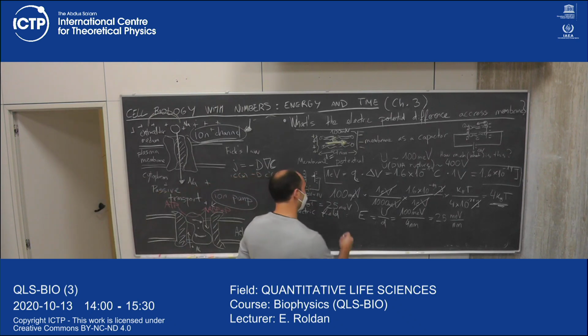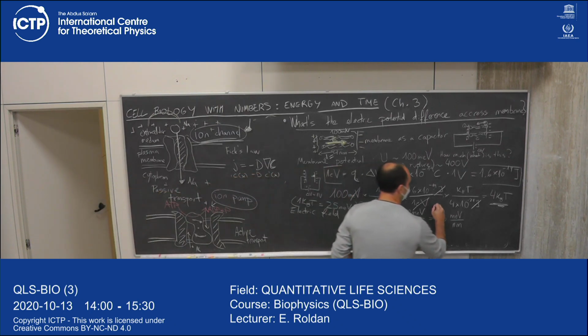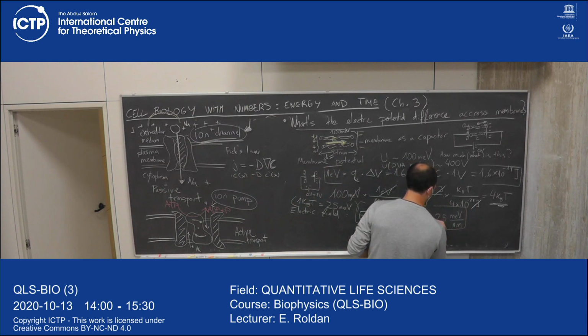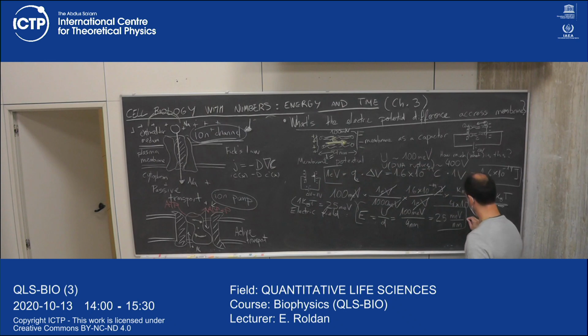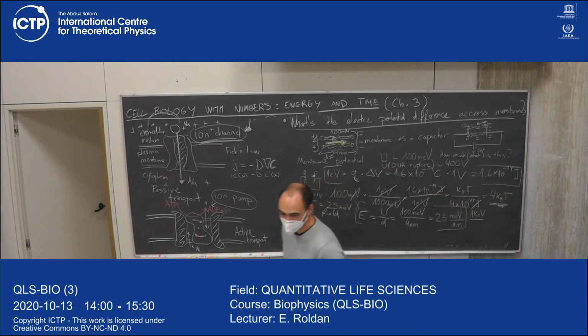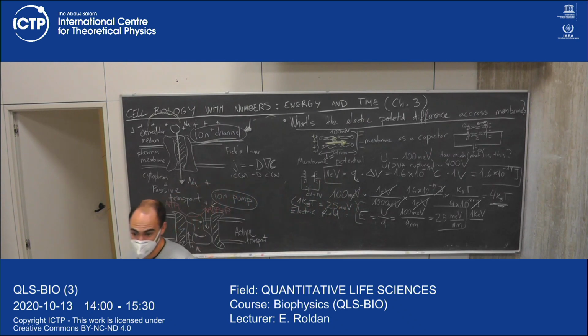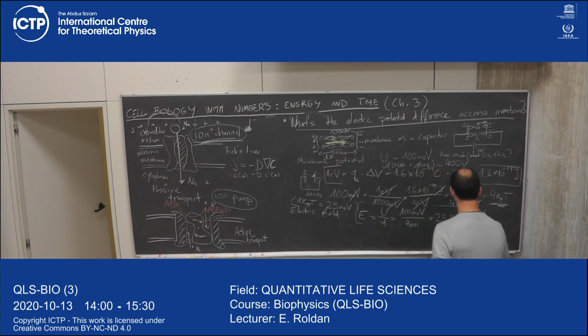And for curiosity, I will change this into other units. Okay, this will be the answer, but I will compare this with something bigger. So I will first change millielectron volts to kiloelectron volts. So 1 kiloelectron volt is how many millielectron volts? Kilo is 10 to the 3, milli is 10 to the minus 3. This is 10 to the 6 millielectron volts.